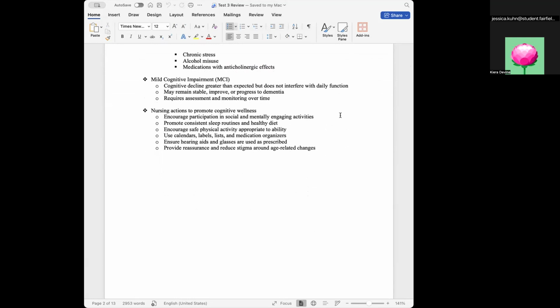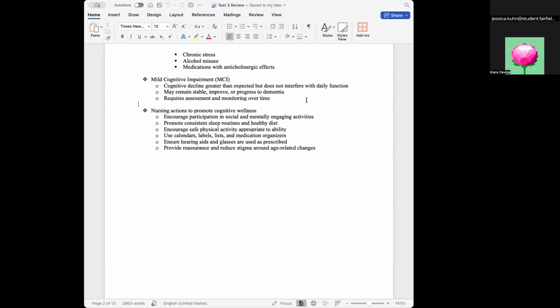Mild cognitive impairment is a term that you'll use for that abnormal cognitive decline. It's when the cognitive decline is greater than expected, but it still doesn't really interfere with daily function. The older adult might remain stable or improve, but it also could progress to dementia.